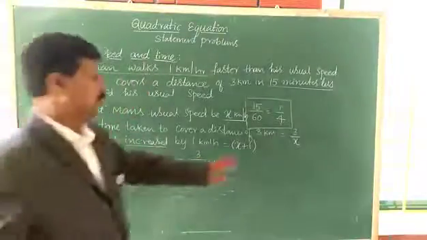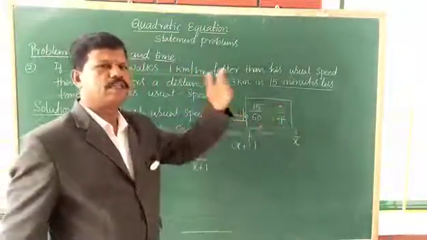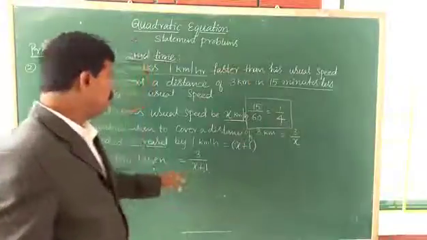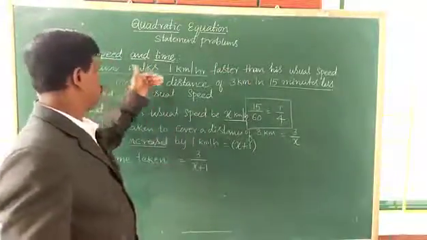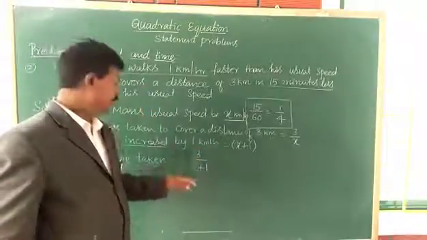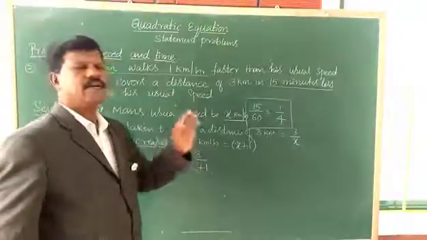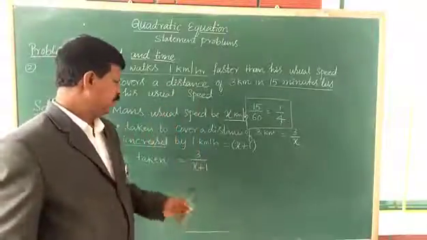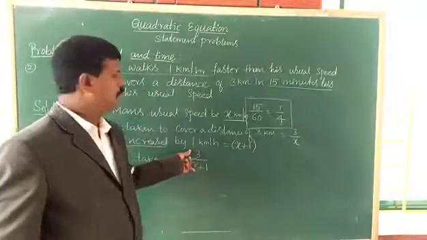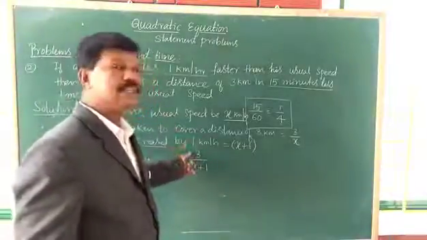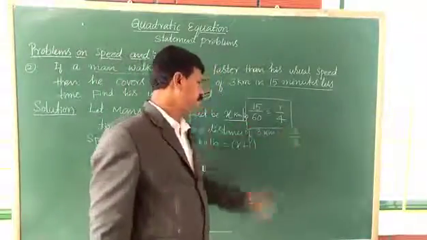Now look at this. This is the original time you are taking to reach the school. Now when you are walking faster, you are taking 15 minutes less. So this is the time taken when your speed is increased. This time is equal to 15 minutes less than this time.